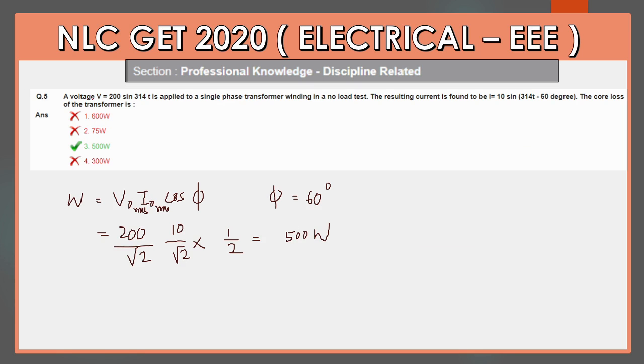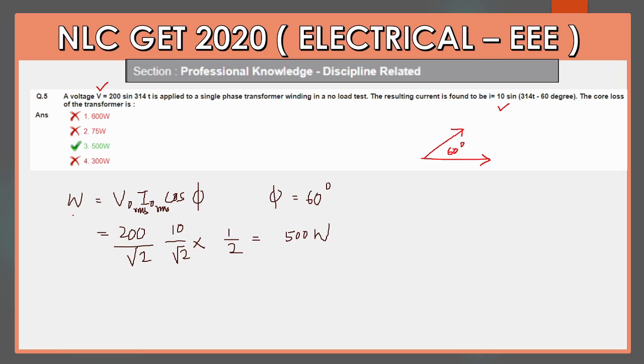Next question, the voltage V equal to 200 sin 314t is applied to a single phase transformer winding at no load test. The current is given as I equal to 10 sin(314t minus 60 degree). So among V and I, if you see, the phase difference is 60 degree.